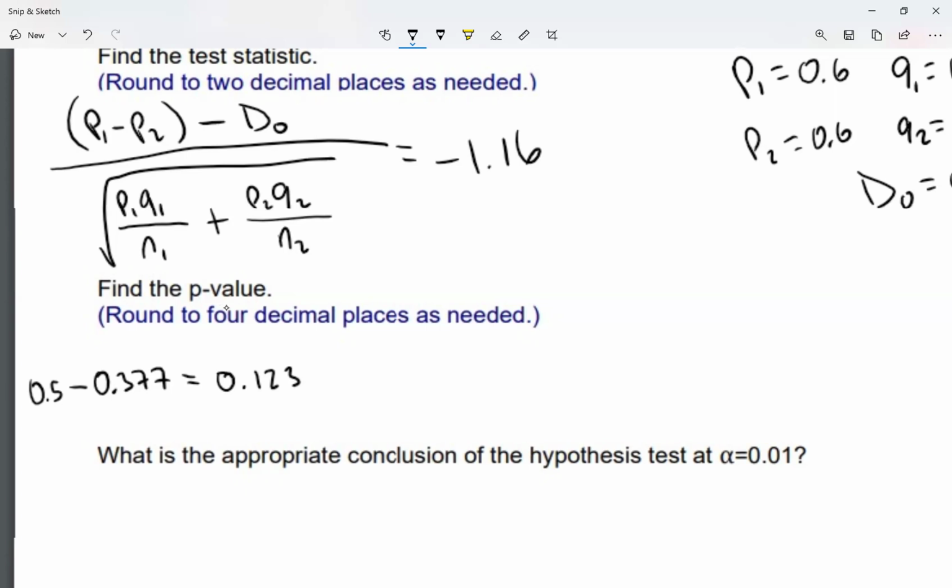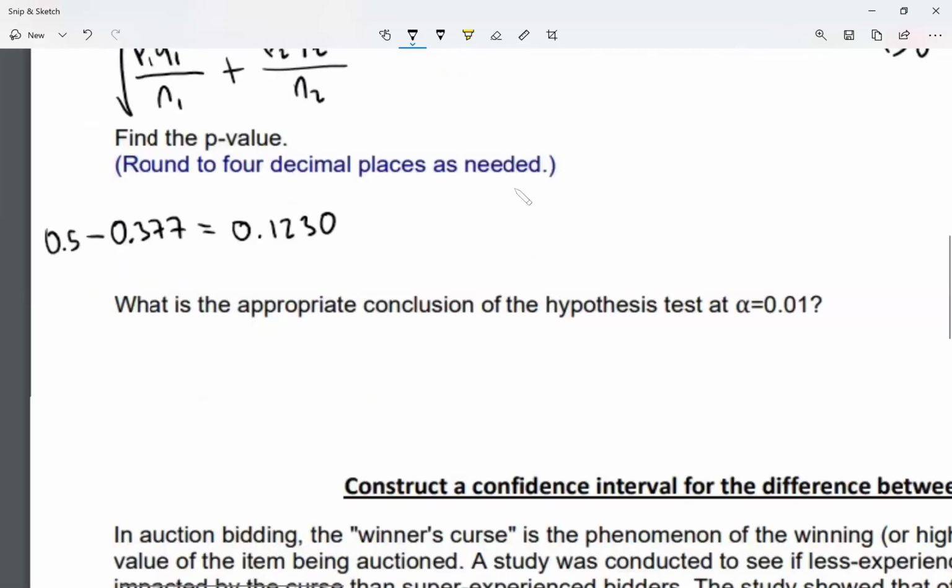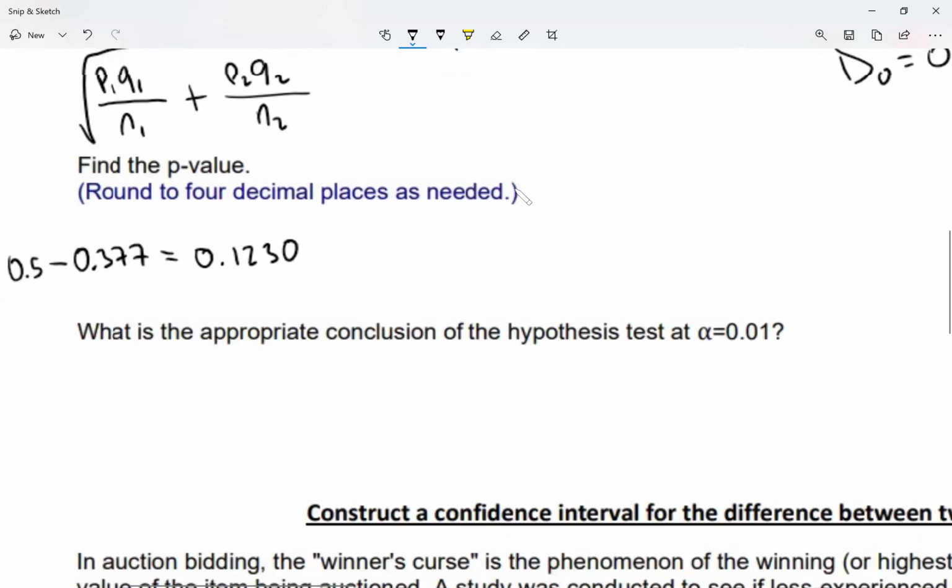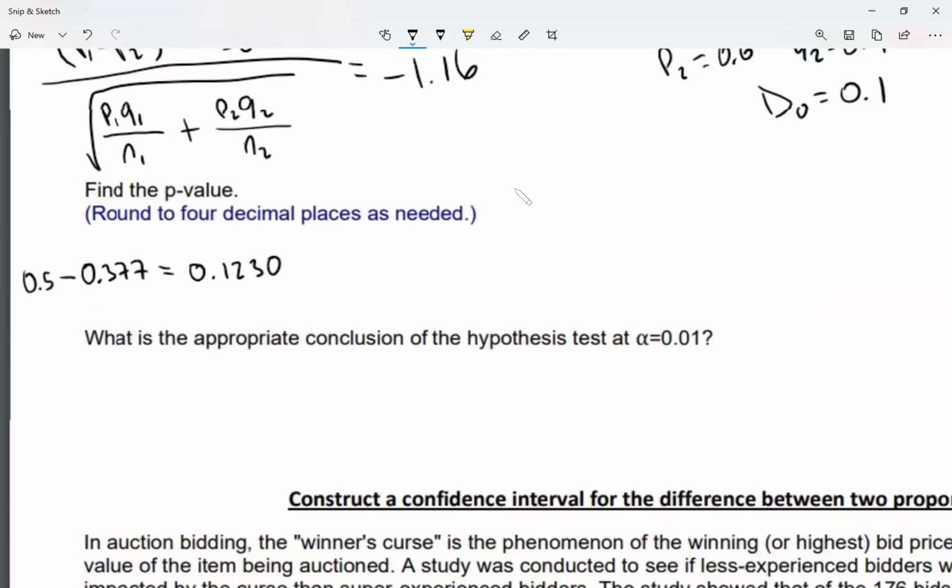When I'm reading my instructions here, it says round to 4 decimal places. Oh, okay, so I'm going to have 4 decimal places as needed. Just to double check, the previous one said round to 2 decimal places, so good, I got 1.16. Now, what is the appropriate conclusion of the hypothesis test at 0.01?